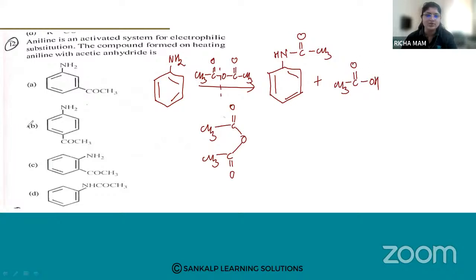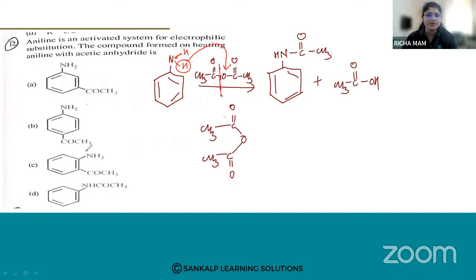So one hydrogen, another hydrogen. This hydrogen will go and combine with this, and here this will get attached. So NHC double bond OCH3 and CH3 C double bond OH.